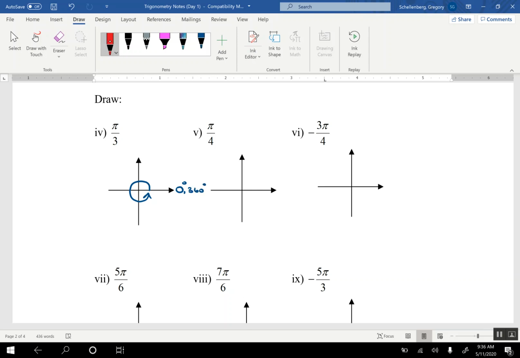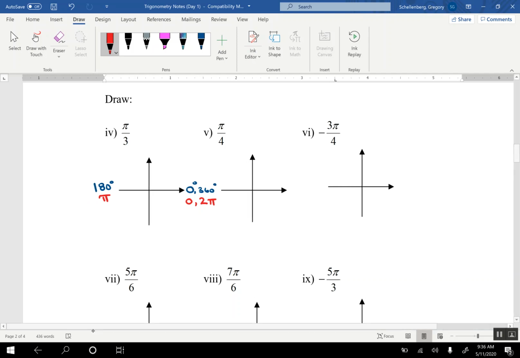And maybe I'll just do this in red. So this is also 0 radians, and one complete rotation in radians is 2 pi radians. Okay, so we're going to work off of that. This is 180 degrees, and in radians it is pi radians.